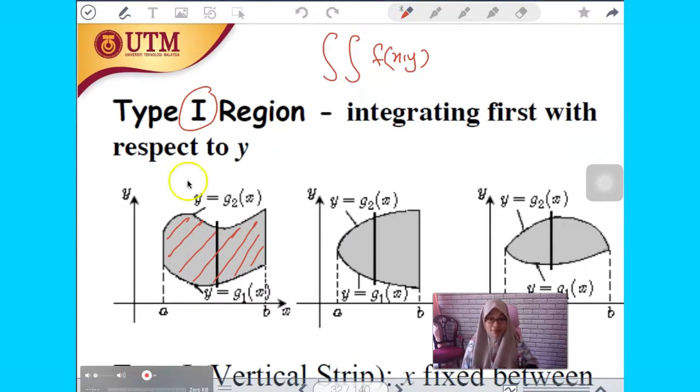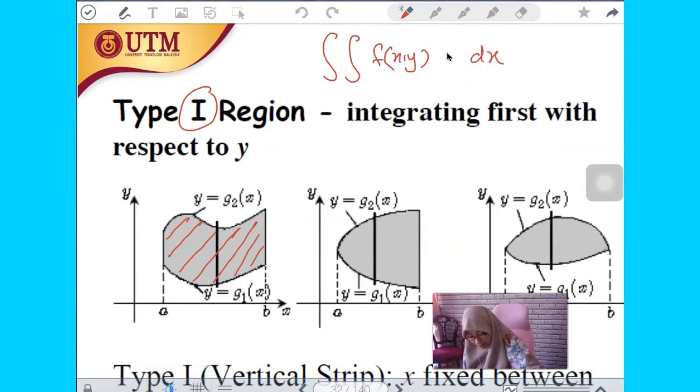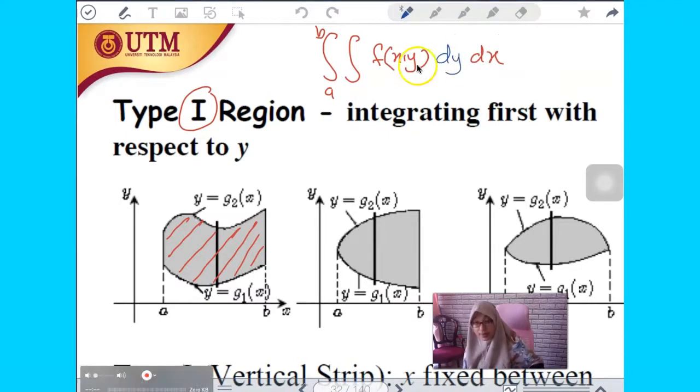This one is called inside, you do this first, but this is outside. You have to make sure that the outside integral must have a constant limit. So in this case you put x outside, x is from a to b. Since you choose x outside, the inside should be y, and the limit of y is from g1 to g2.